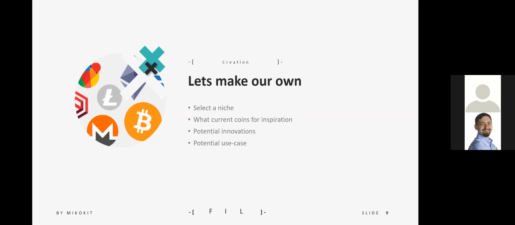What current coins would you like to see for inspiration? What potential innovations would you like to see? Maybe more power efficient, quicker transaction speeds. We can throw around ideas for use cases and maybe come up with a hypothetical coin that could be, who knows, the next big thing.